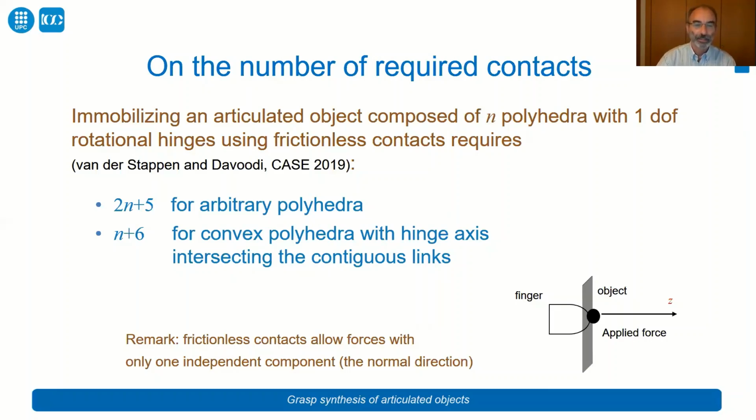And in case the polyhedra satisfy some constraints, and also the way in which they are linked with each other satisfies some constraint, this number can be reduced to n plus 6. I want to remark that frictionless contacts allow forces with only one independent component, which is the normal direction to the surface which is in touch with the finger.